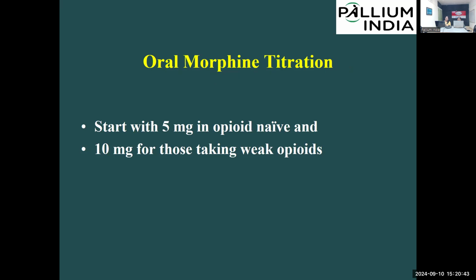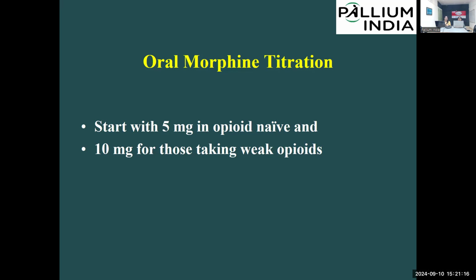But if the patient is already on weak opioids like tramadol or tapentadol, we go with 7.5 to 10 milligram of oral morphine every 4 hourly. So for opioid naive patients we start with 5 milligram 4 hourly, and for patients already on step 2 opioids, you can go with 5 to 10 milligram, like 7.5, or 10 milligram 4 hourly of oral morphine.